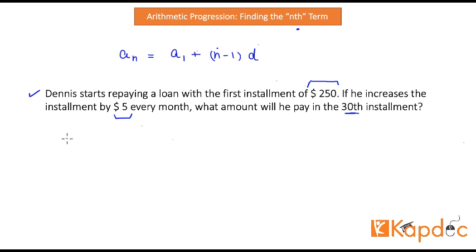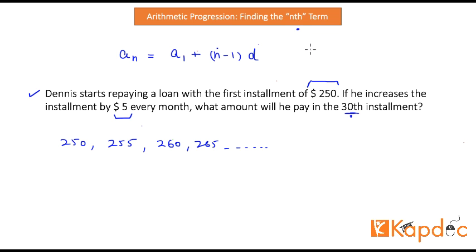Think about this: starting from month 1, this gentleman is paying $250. Then the next month he goes up, he pays $255. Next month he goes up another $5, and it keeps going up like this. If you were to really go like this and make an increment of $5 every month, it would take you a really long time to compute the 30th term.